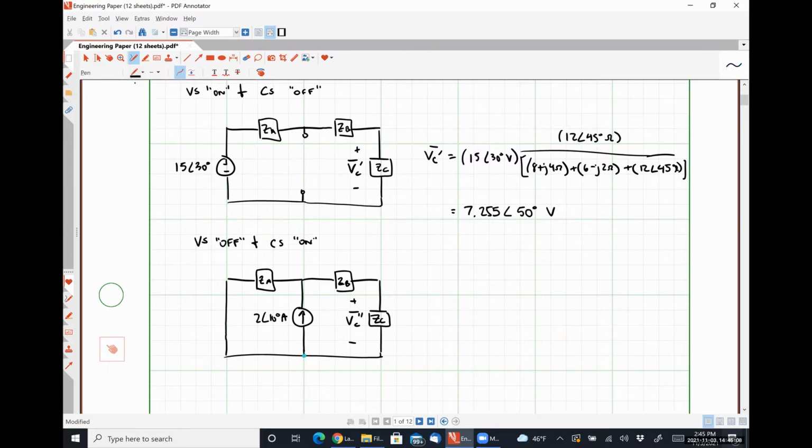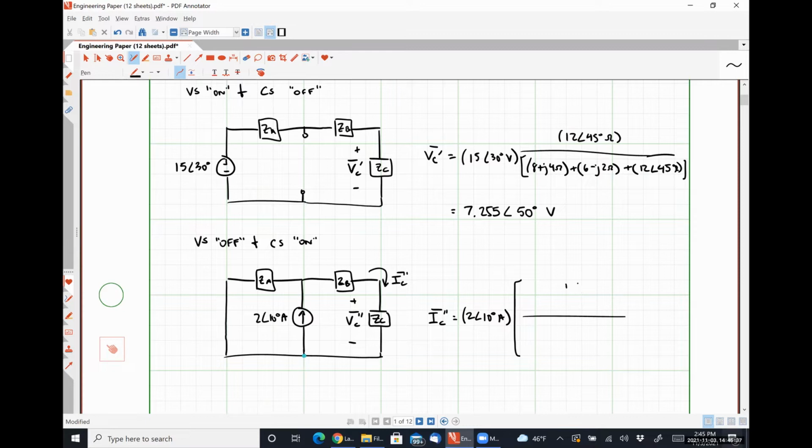So as a quick reminder on current division, I'm going to call this current here IC double prime. And to determine IC double prime, we will take our known current of 2 angle 10 degrees amperes, and we will be multiplying it by a ratio where in the numerator, we want the total impedance of the branch we're trying to find the current through.